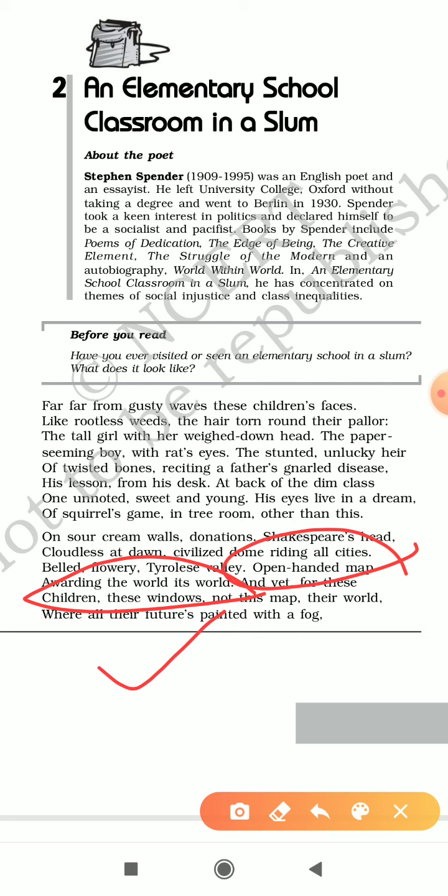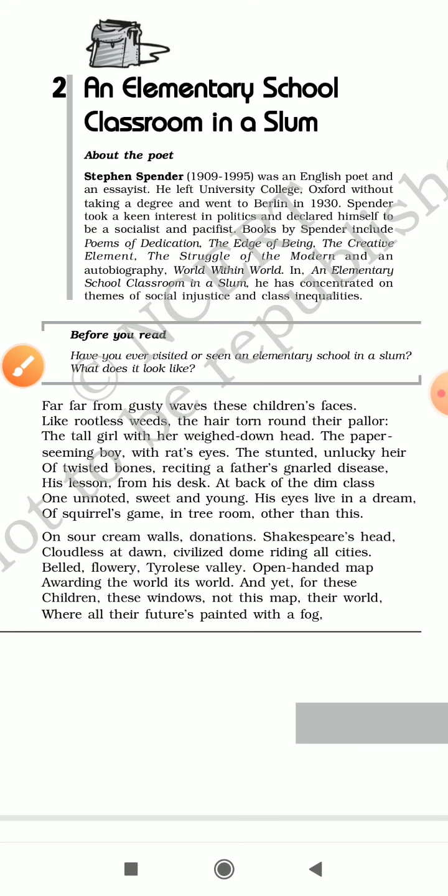They haven't mentioned anything related to the slum in their open-handed maps. That's why the map that has been displayed there in the classrooms doesn't belong to the slum children.